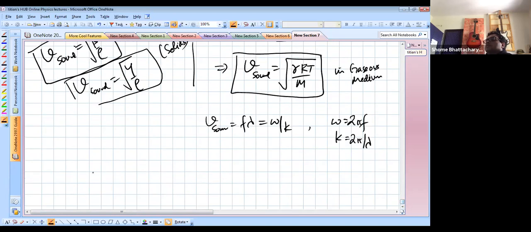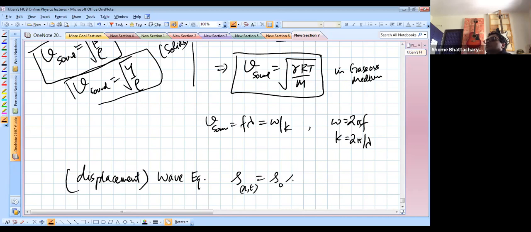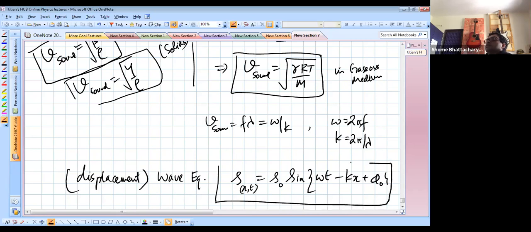And the equation for the displacement, okay, the wave equation, becomes s at x at time t becomes some amplitude into sine omega t minus kx plus some phase constant. And in fact, if it is traveling in the opposite direction, it will just become omega t plus kx. Similarly, you can replace it as kx minus omega t plus phi naught plus pi, or you can even replace it in terms of cos. So all that is same.